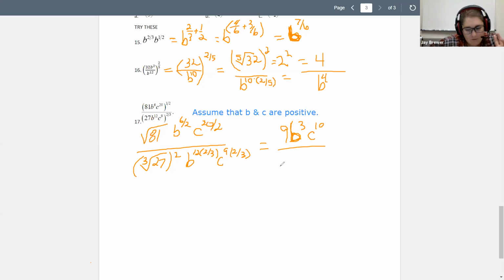All right, to the bottom. The cubed root of 27 is 3. And we're going to square it. B to the 12th times 2/3: 12 times 2 is 24, divided by 3 gives us b to the 8th.